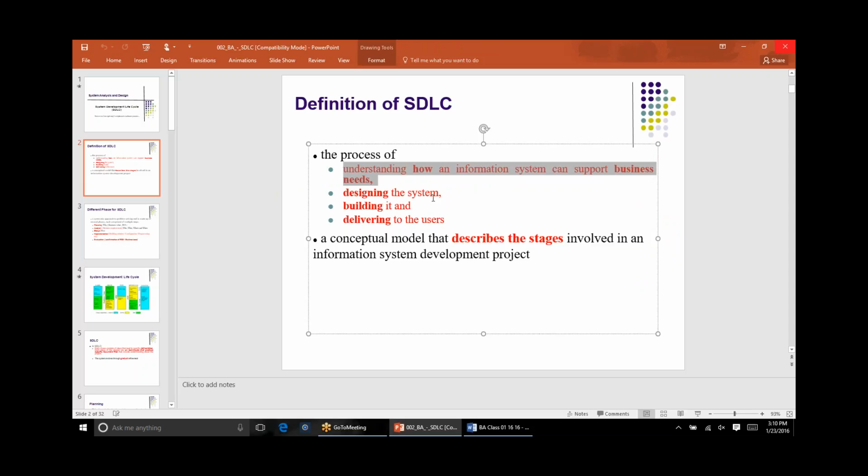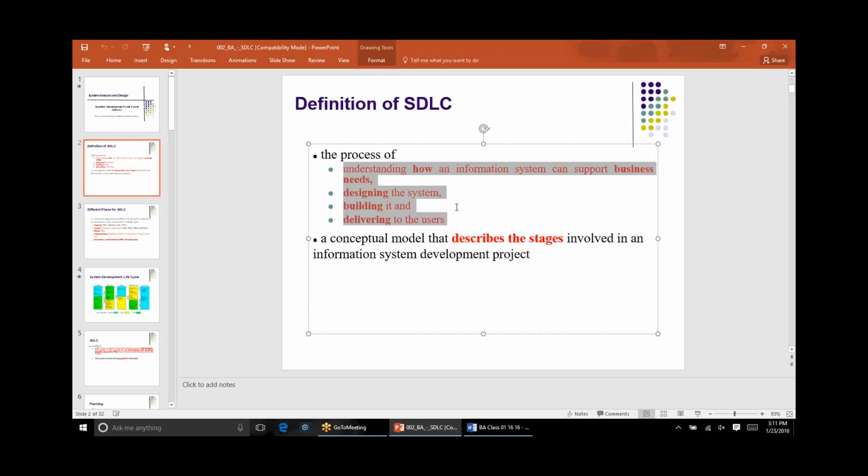We understand the requirement, we design, we build the system, and we deliver the system. In any life cycle, these four roles remain fairly constant: understanding how the information system can support the business requirement, and how we can design a system.